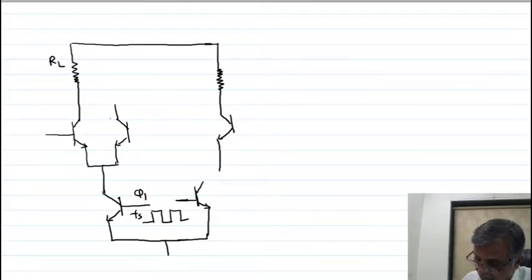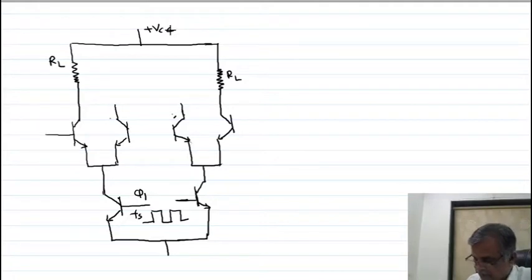Here also I have to show a differential pair of transistors. Here I have connected plus VCC. Carefully observe what I did.